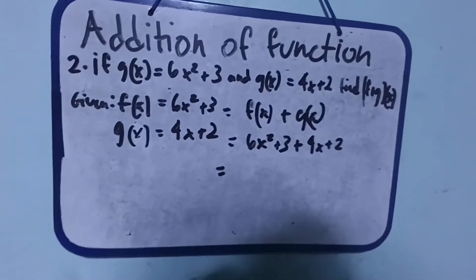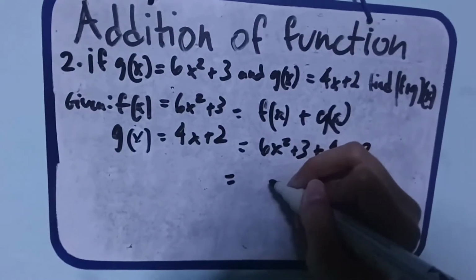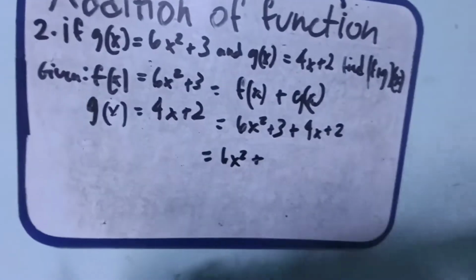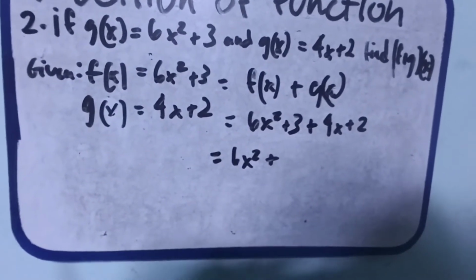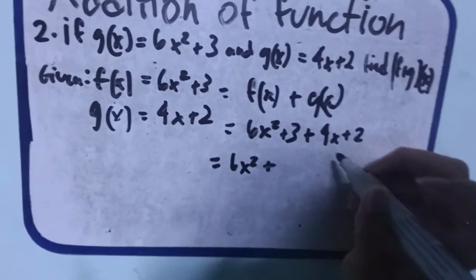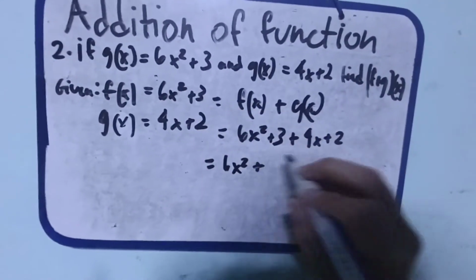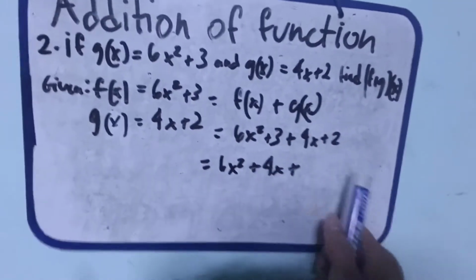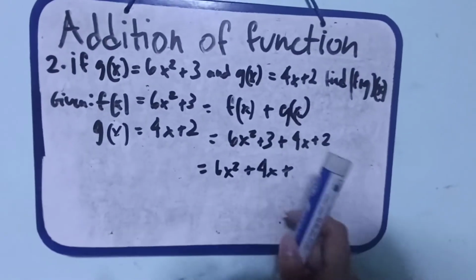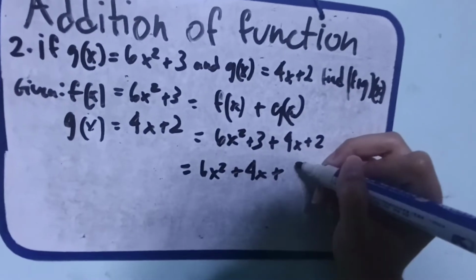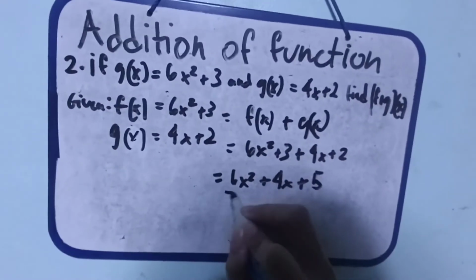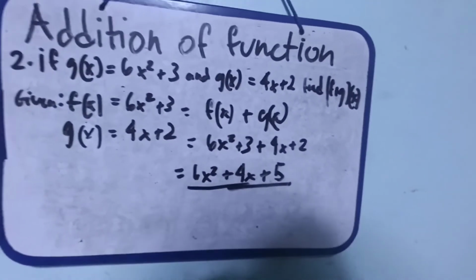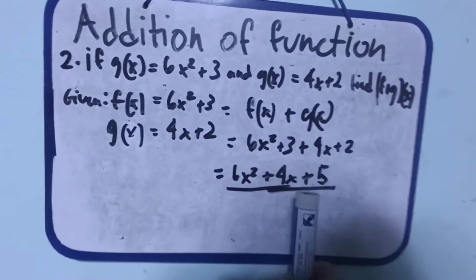So combine like terms. Is there a like term for 6x squared? None. So just write it down. Plus, is there a like term for 4x? None. So just write it down. Plus, 3 and 2 are alike, so we're going to solve it. Positive 3 plus positive 2 is positive 5. So here is our final answer. The quantity of f plus g of x is equal to 6x squared plus 4x plus 5.